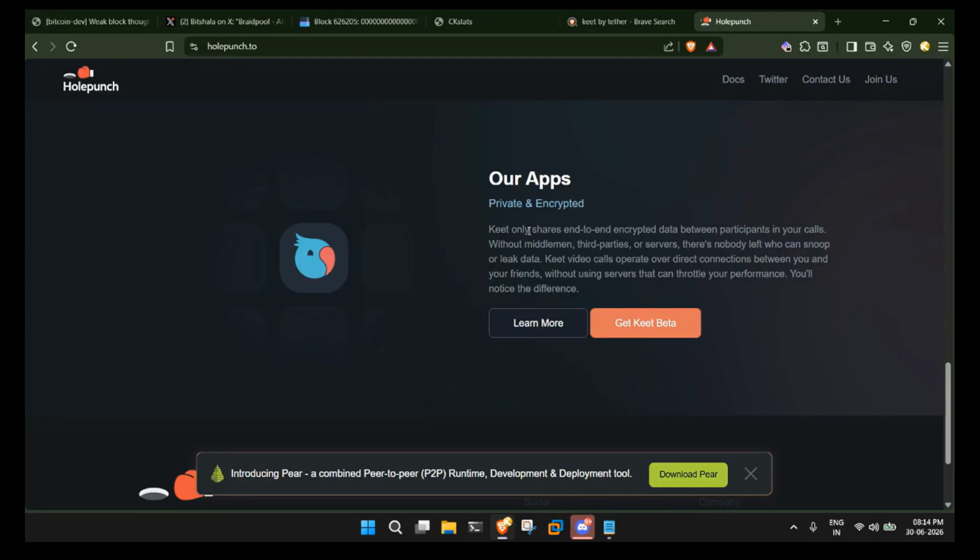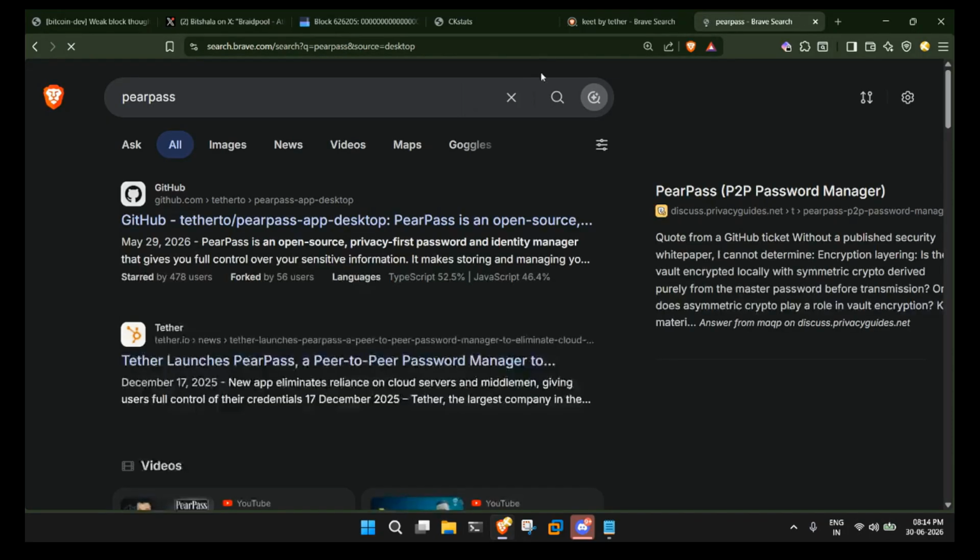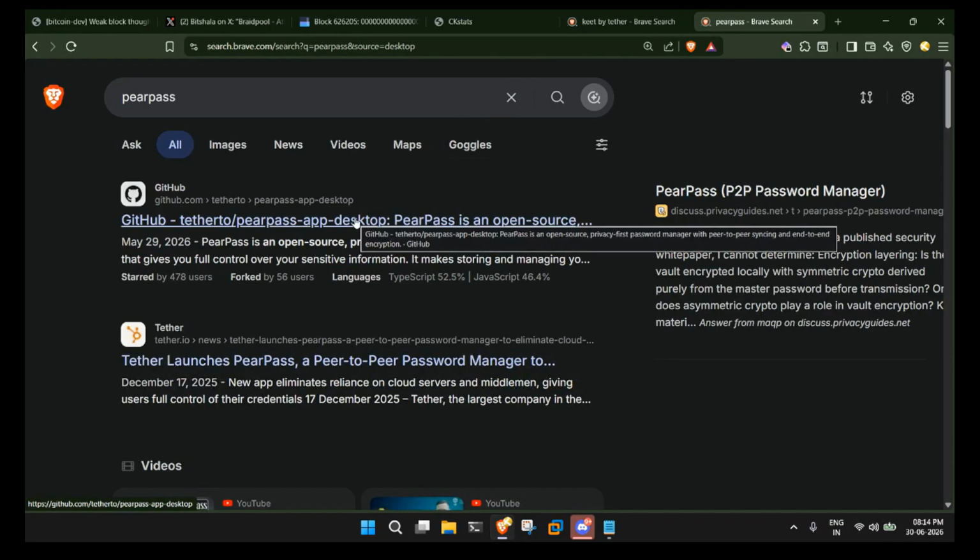Keet is a decentralized, end-to-end encrypted P2P messaging and calling app in which you can communicate with each other using peer-to-peer. There are many others as well, like PeerPass, which is also an open source peer-to-peer syncing mechanism. If you search about it, you will get to know more.